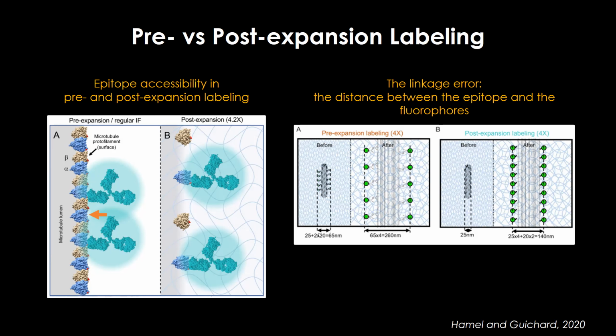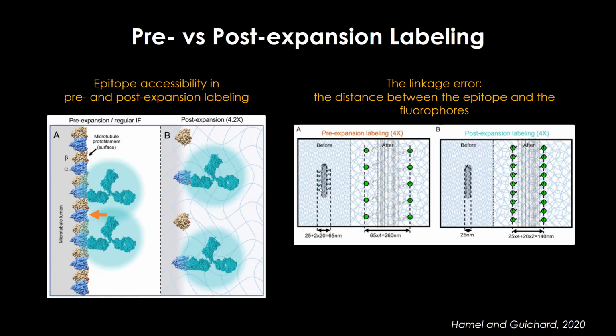And also there is this thing called the linkage error. So for example, we have this microtubule that is 25 nanometers in diameter, and it's bound with the first antibody and second antibody.